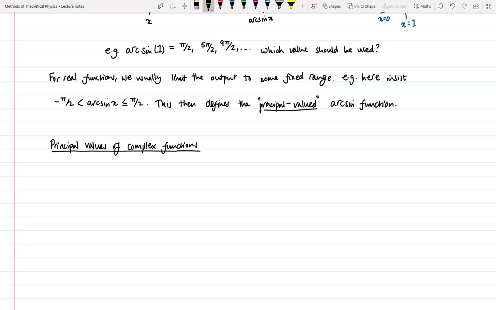As we saw in our discussions towards the end of topic 1, when we looked at complex roots, this overparameterization of angles that we saw in the example above, so it's true for sine, it's also true for cosine, this overparameterization of angles makes complex functions multivalued.